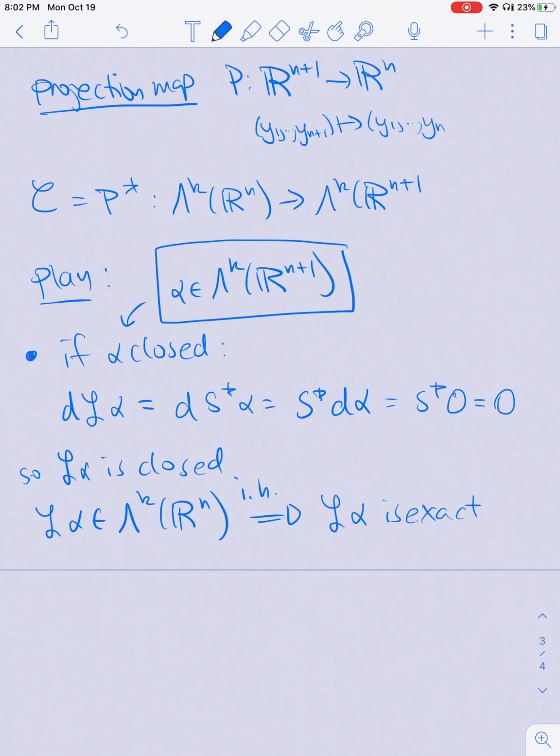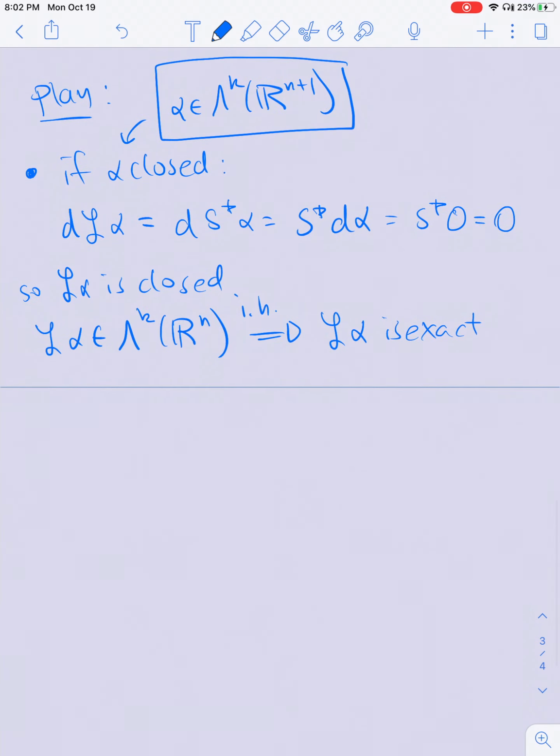Because if L alpha is a k-form on Rn and it's closed, then it's exact by the Poincare lemma. So I'm going to write L alpha as d of beta for some beta, which is a k-1 form on Rn.